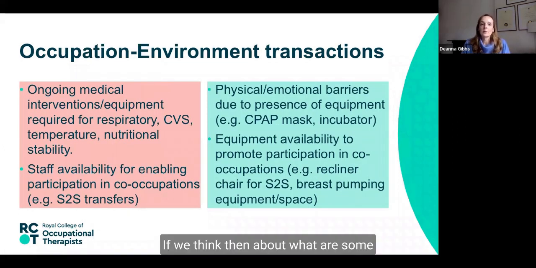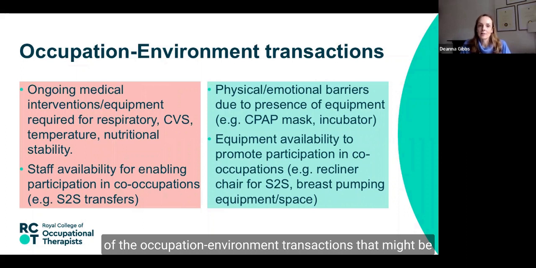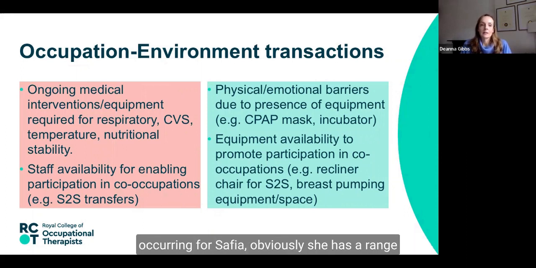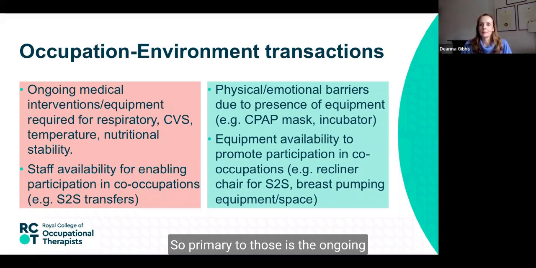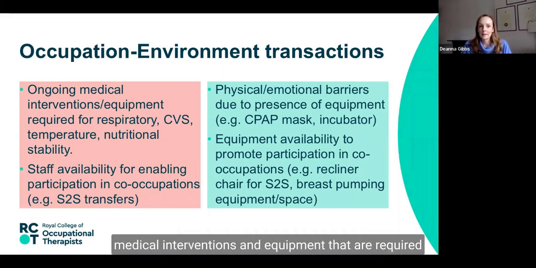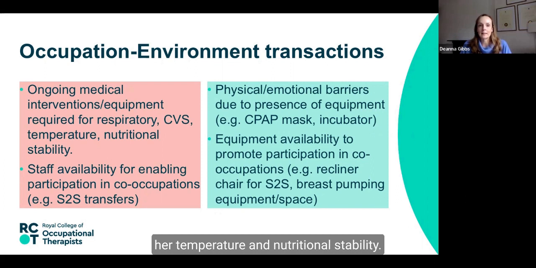If we think then about some of the occupation-environment transactions that might be occurring, for Sophia, obviously she has a range of different environmental elements which will be impacting on her performance in occupation. Primary to those are the ongoing medical interventions and equipment that are required for her respiratory support, her cardiovascular status, her temperature and nutritional stability.